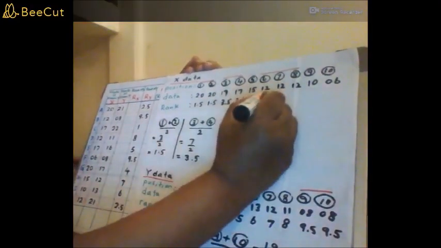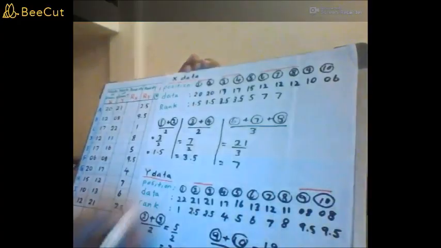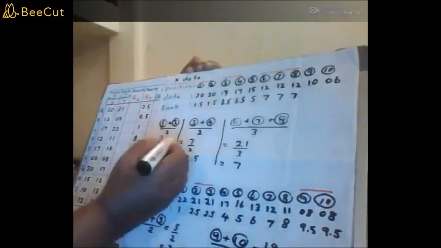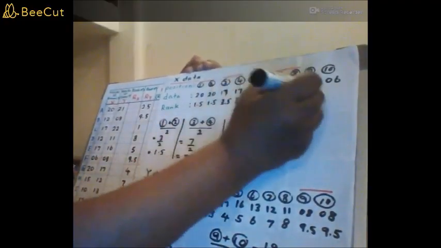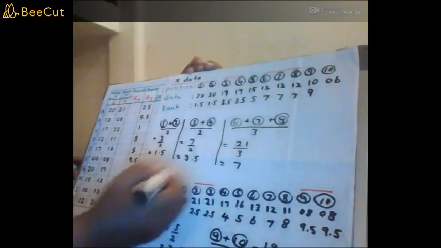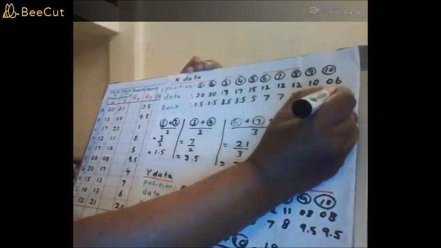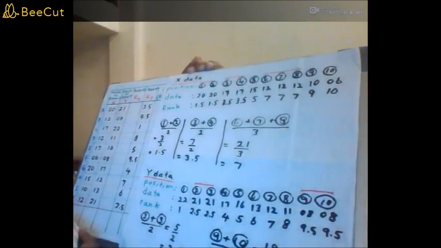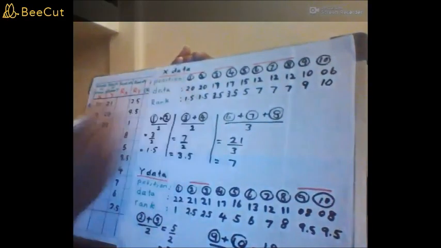So for these 12s, put 7: this 12, 7; this 12, 7; and this one also, 7. Then for this 10, what do you put? 9. And for this one, 10.